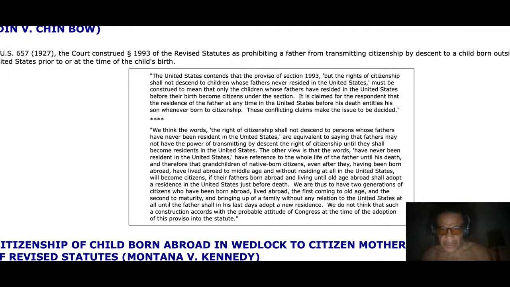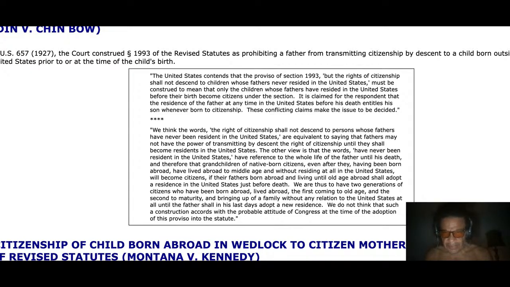The other view is that the words "have never been resident in the United States" have reference to the whole life of the father until his death, and therefore that grandchildren of native-born citizens, even after they, having been born abroad, have lived abroad to middle age and without residing at all in the United States, will become citizens if their fathers born abroad and living until old age abroad shall adopt a residence in the United States just before death.